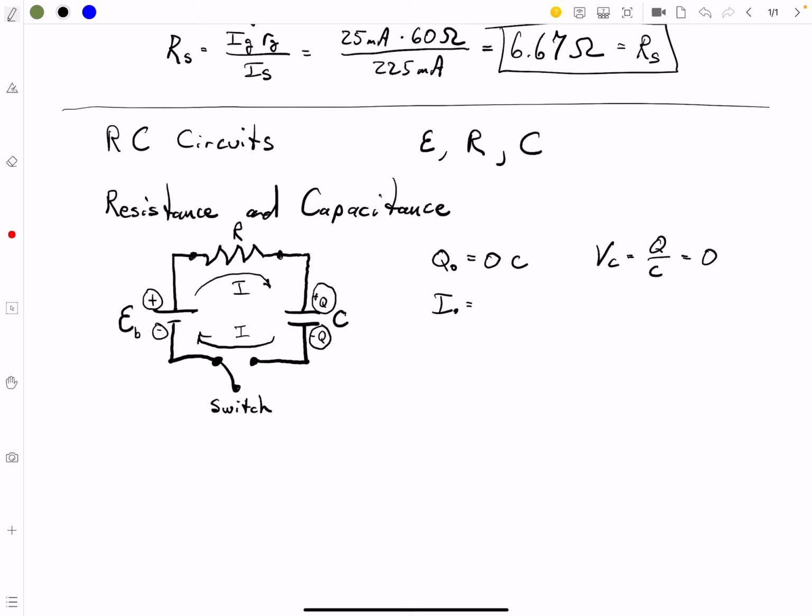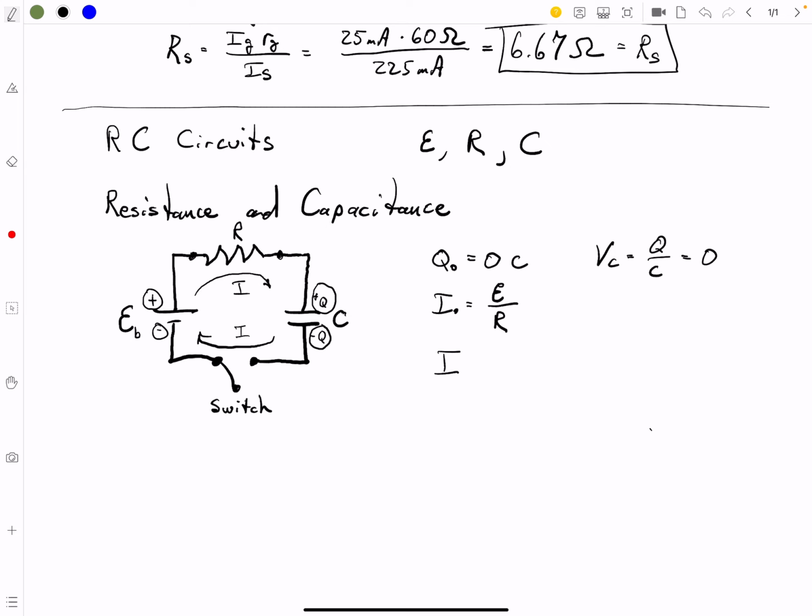So gradually, the current, so I naught, is going to equal, V equals IR, so I naught equals epsilon over R. That's our I naught initially.